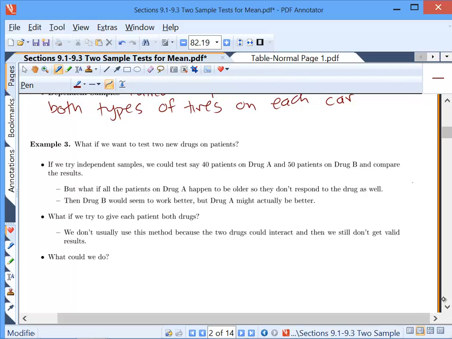Well, do you have to pick the people randomly? Because if you didn't, you could get 2 people that are in a similar situation with the same age, and then put one on one drug and one on the other.